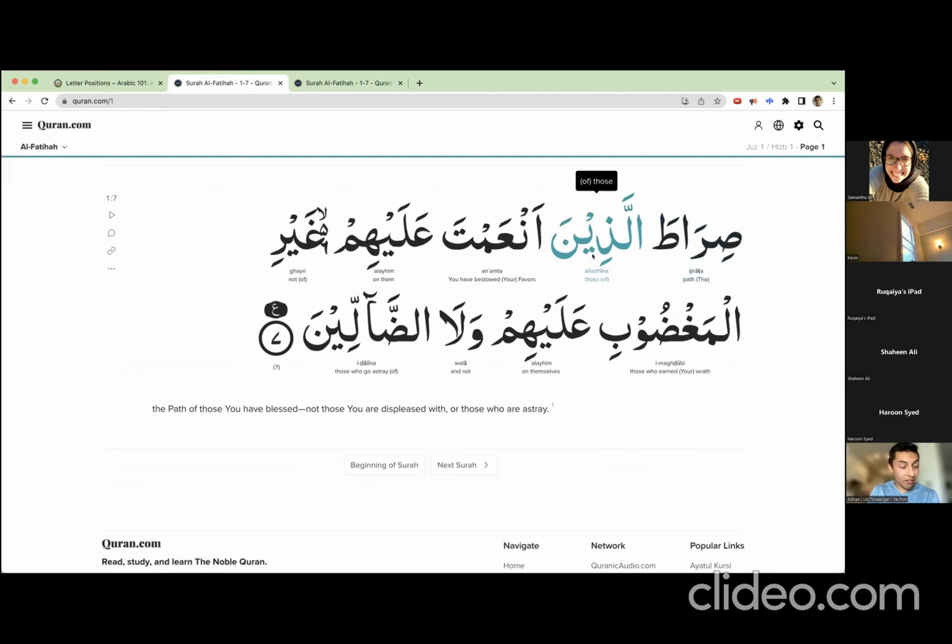So the path of whom? This is a word that comes up: alif, lam, but the lam has a doubling, Allah. And then what's this letter? That's a dal. A dal with a dot above it, like the word "that".